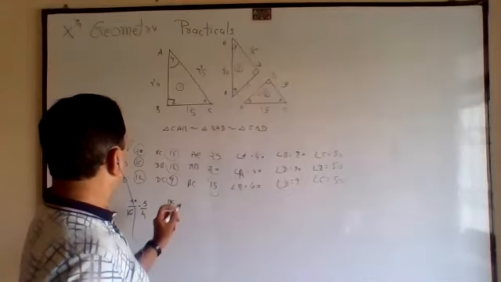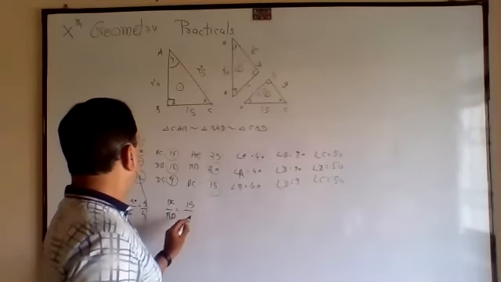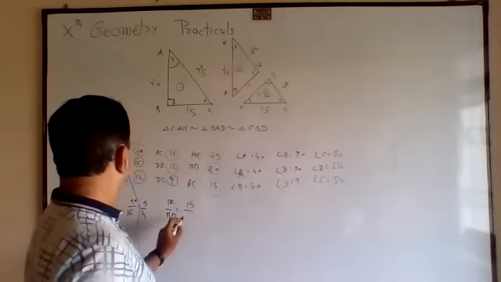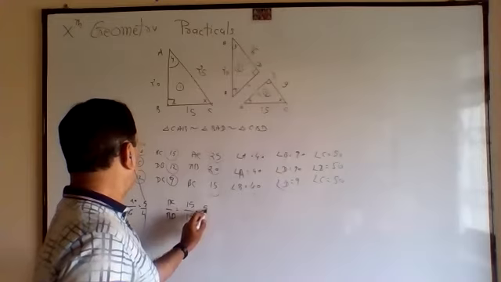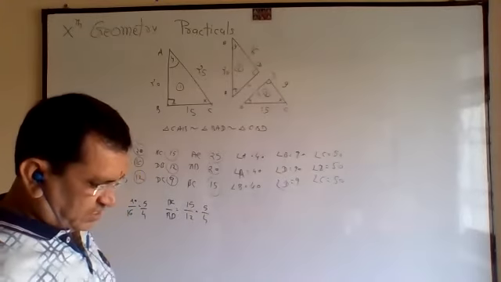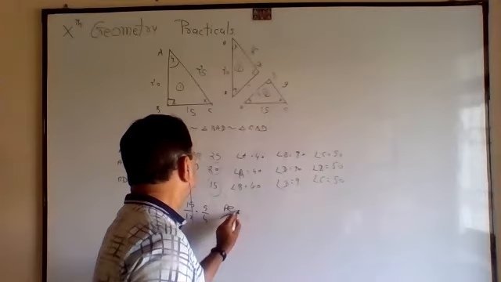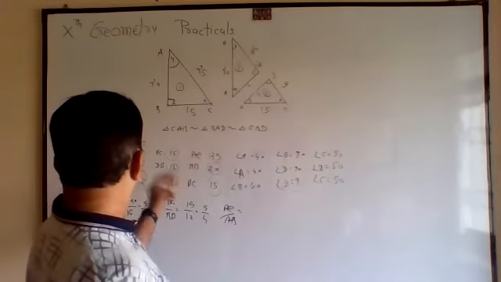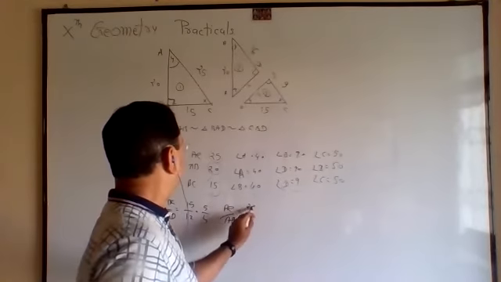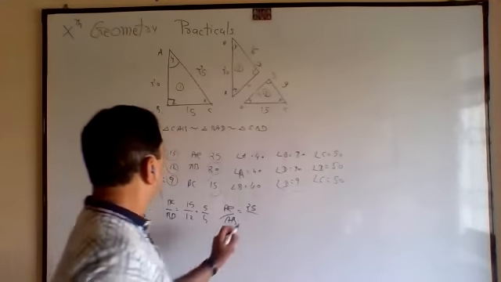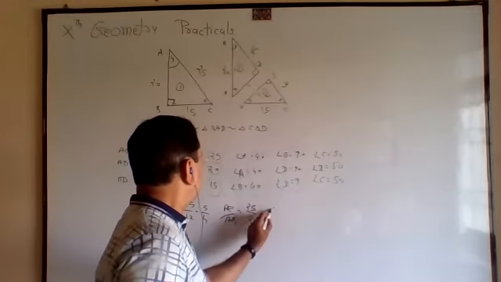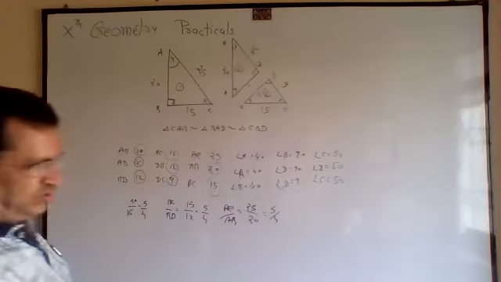How much is BC? How much is BD? 5 by 4. Then they have asked AC by AB. How much is AC? 25. AB 20. 5 by 4. So all are equal.